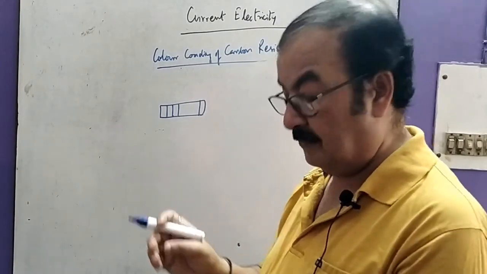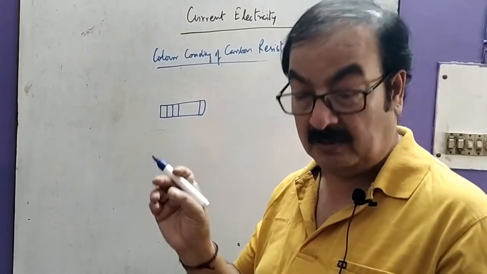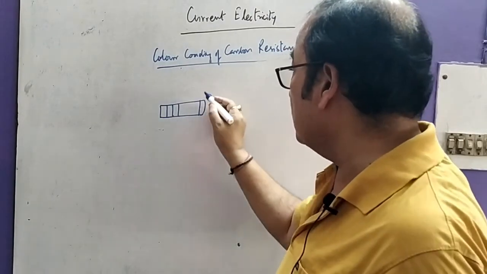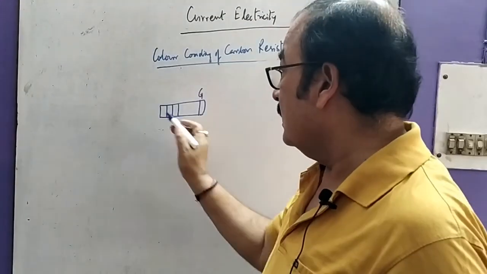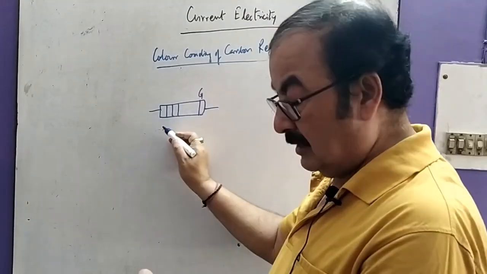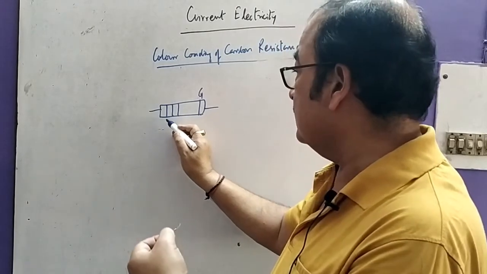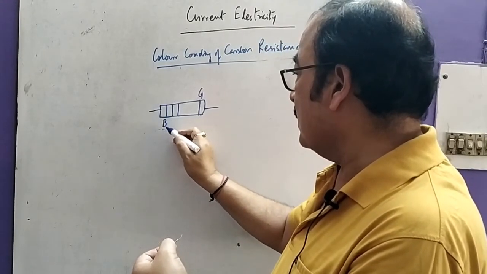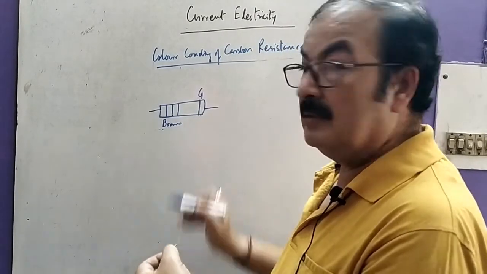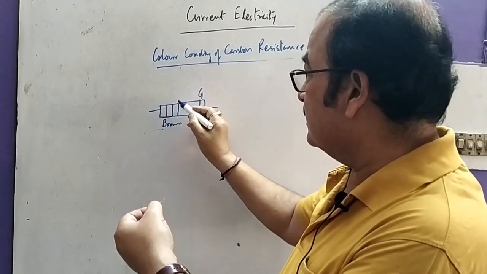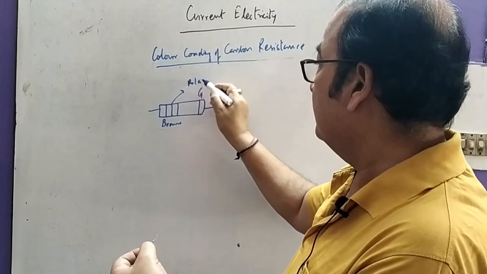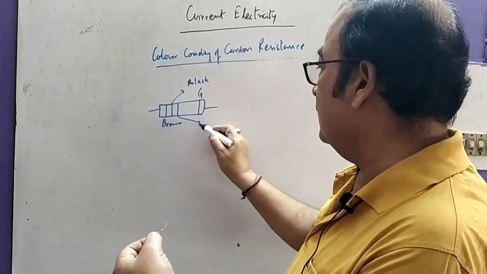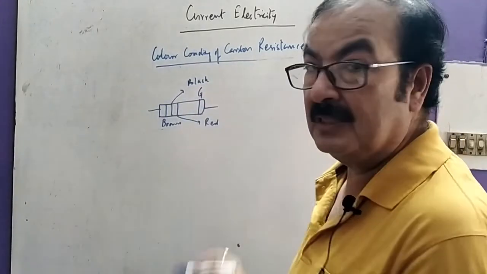The fourth band is golden here, which means the tolerance is 5% only. The first color is brown, the second color is pure black, and the third color is red.